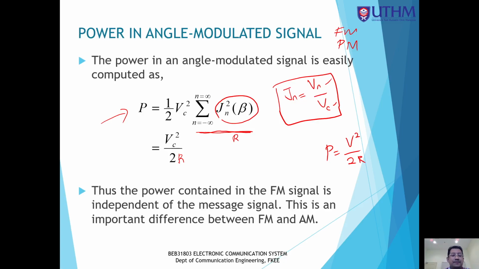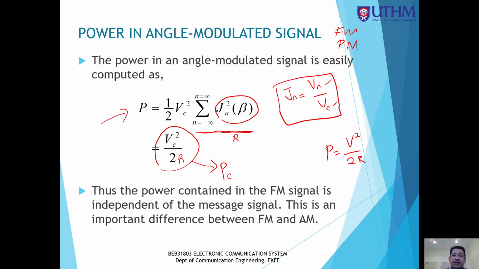From this total power, we can say that the total power finally becomes Vc square over 2R, which is equivalent to the power of the carrier. Why is it like that?